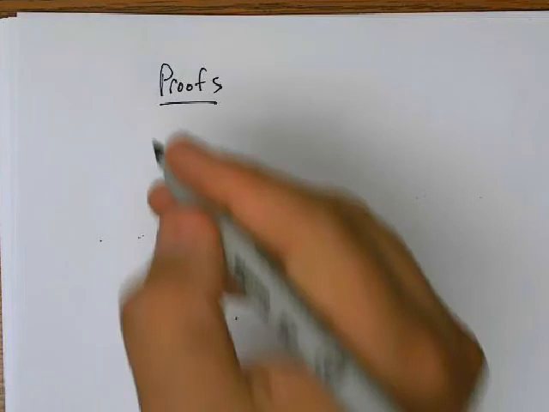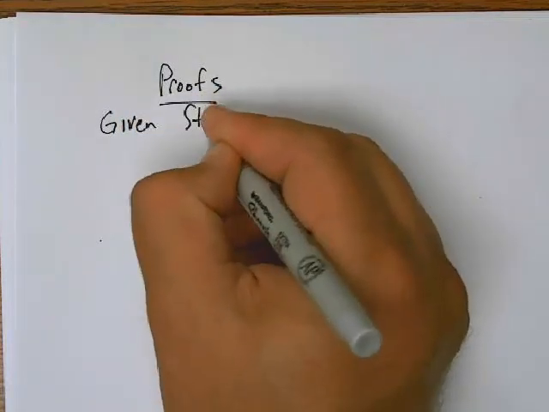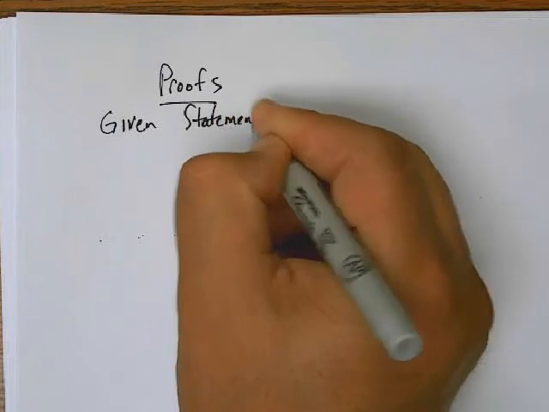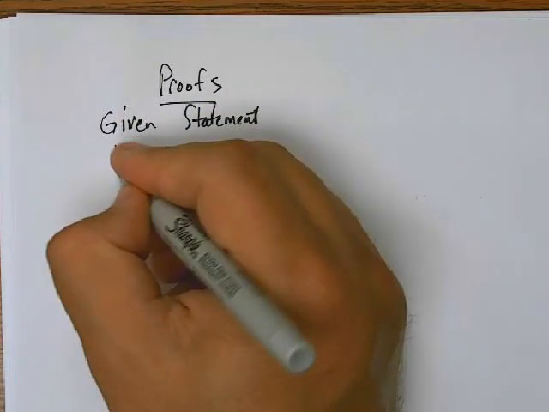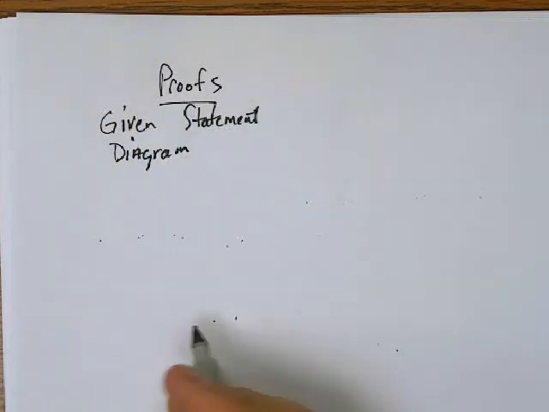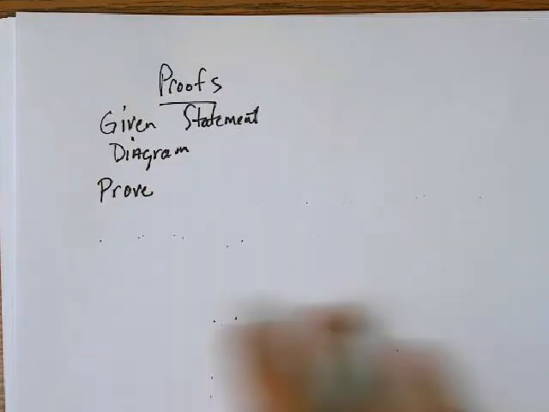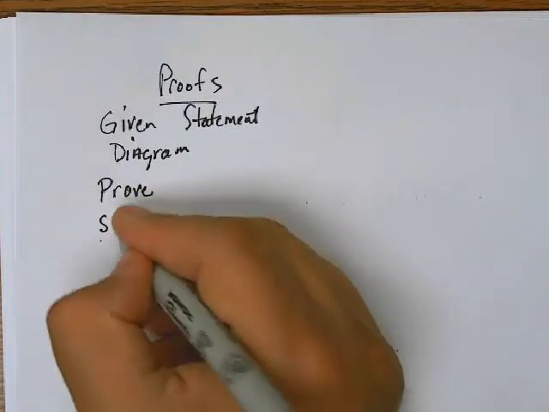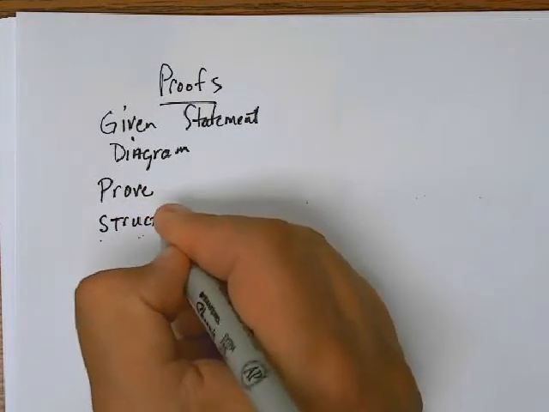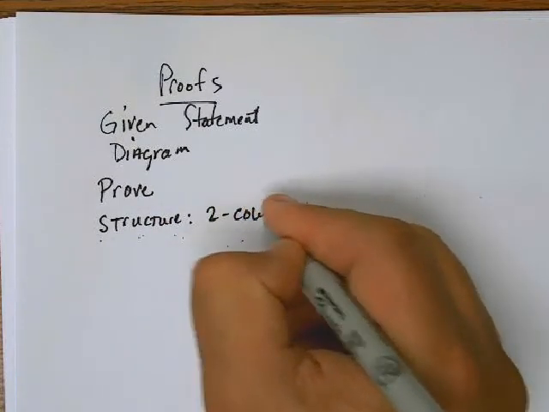Proofs have some different parts. They have a given statement. Usually they have a diagram. They have what we're trying to prove. And the structure is usually a 2-column.